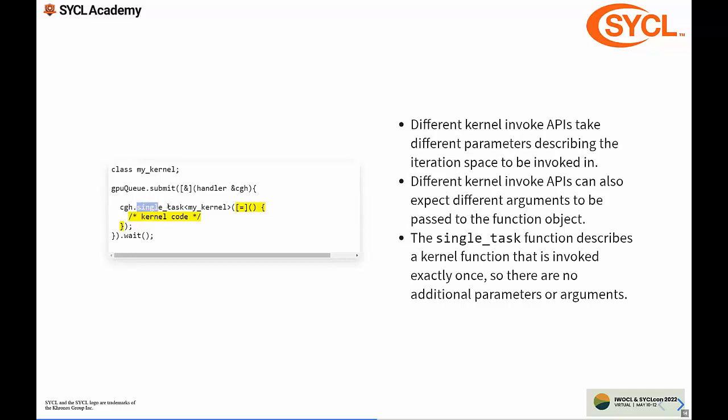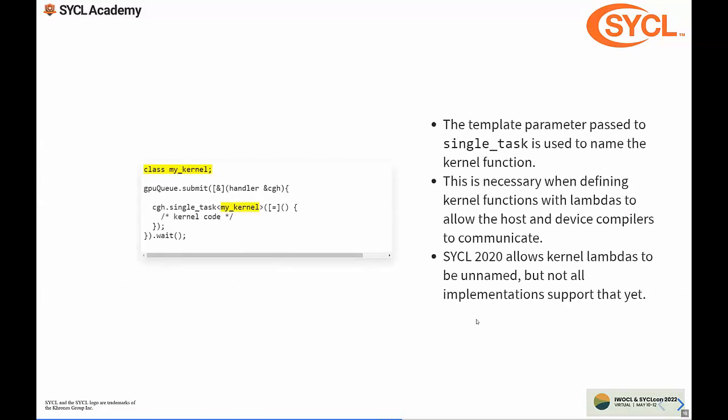But in case of parallel for usage, you need to specify a range or nd_range, to somehow identify the work item, and it will be explained in the upcoming parts by my colleagues.